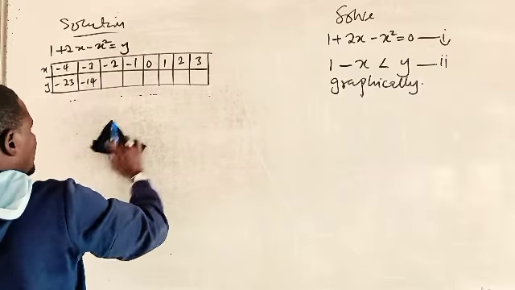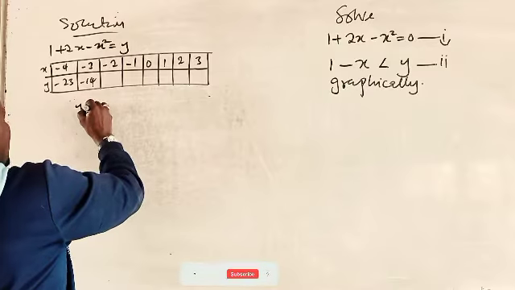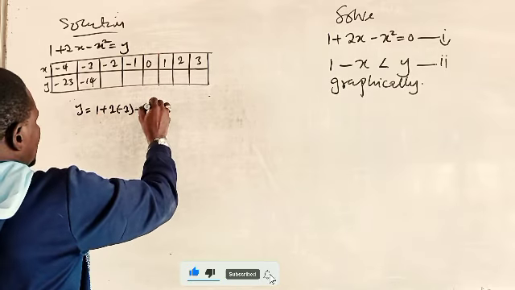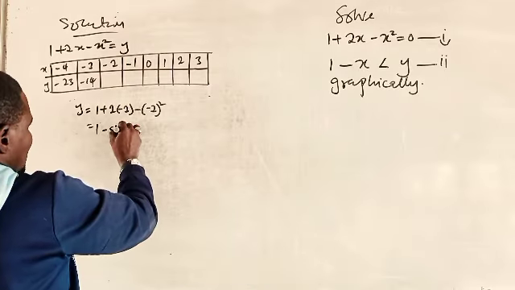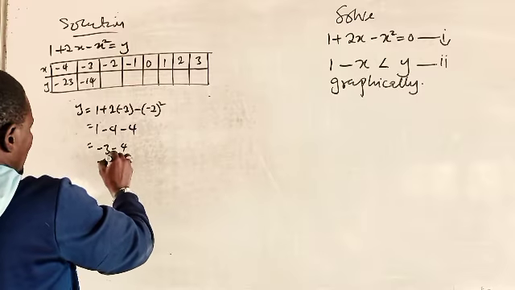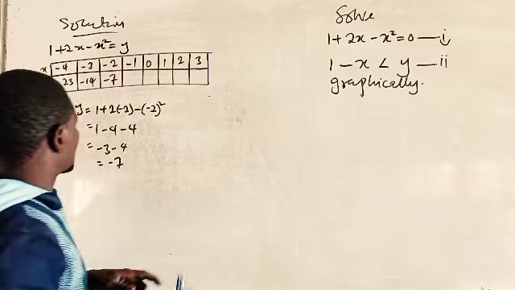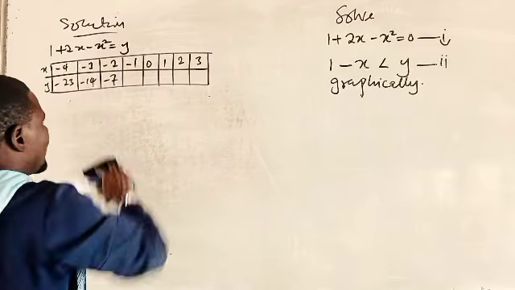Now from this point, we move into when x is minus 2. We have y equals 1 plus 2 bracket minus 2 minus bracket minus 2 squared. We have 1 minus 4 minus another 4. This is minus 3 minus 4, minus 7. So this is minus 7. So from here, we move to the next value of x.